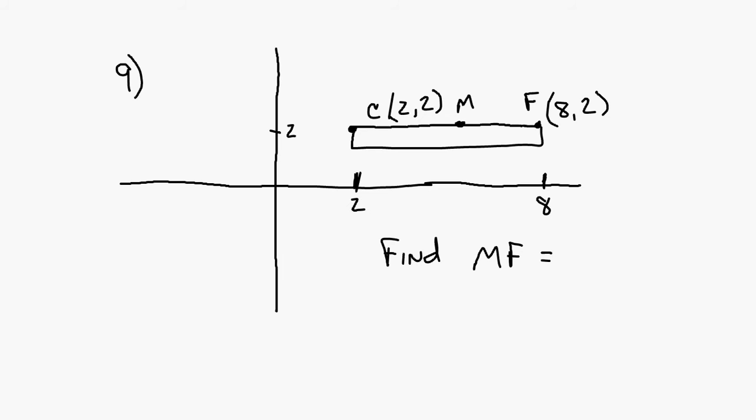What's half of 6? 3. If M's the midpoint, doesn't this have to be 3? What they're basically saying in that problem is find the whole distance and divide it by 2. That's how far it is from the middle to the end. Just a little bit confusing in the wording.